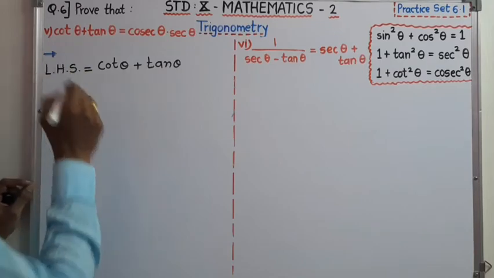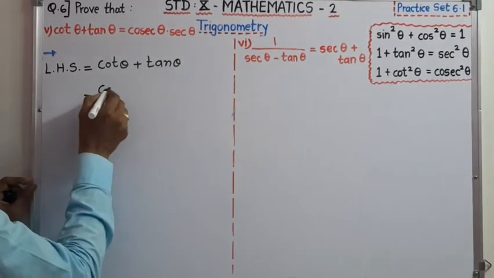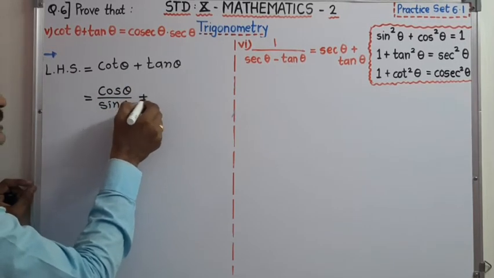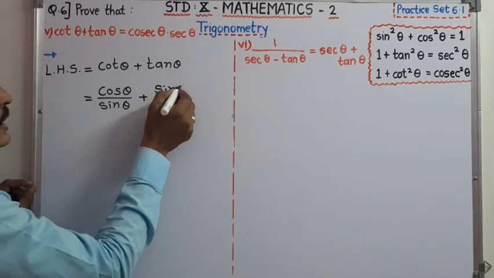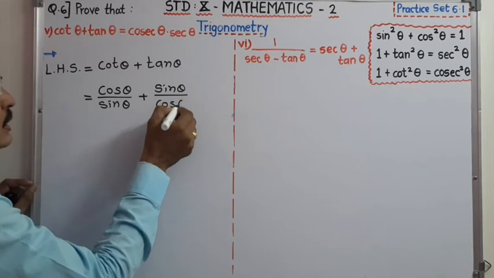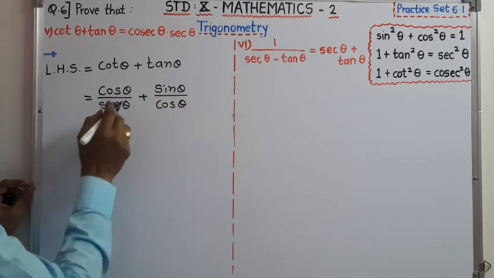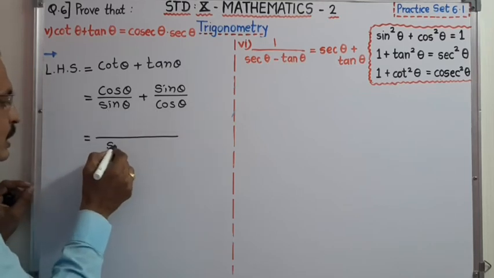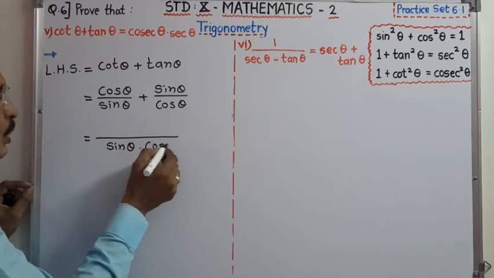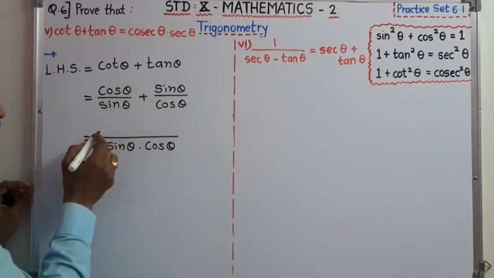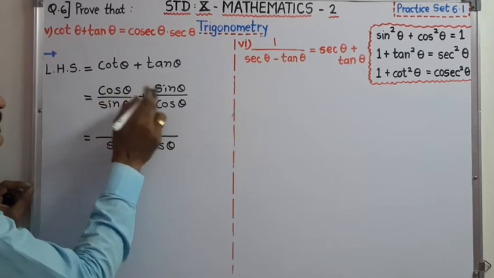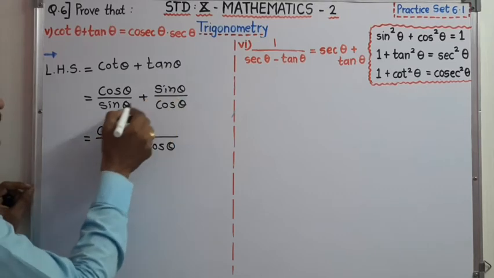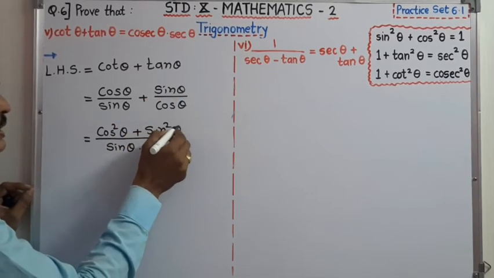Now dear student, we know that cot theta means cos theta upon sin theta, plus this tan theta means sin theta upon cos theta, by using the rules. Now see, we have to do the addition of this, therefore we write here sin theta into cos theta. Do the cross multiply. We write here cos theta into cos theta, that will be cos square theta, plus this sin into sin, it will be sin square theta.